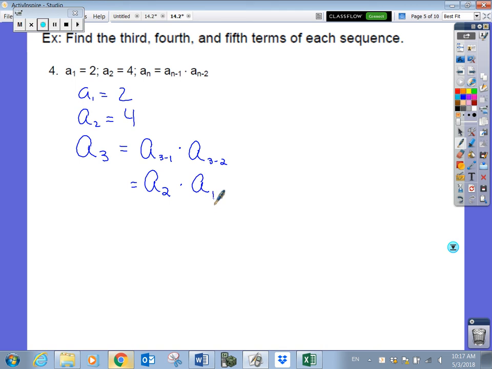So it takes the previous times the previous to that. So the two previous numbers. So for the third, we take the previous times the previous to that. So a sub 2, it showed, was 4. A sub 1 was 2. So 8. So a sub 3 was equal to 8.